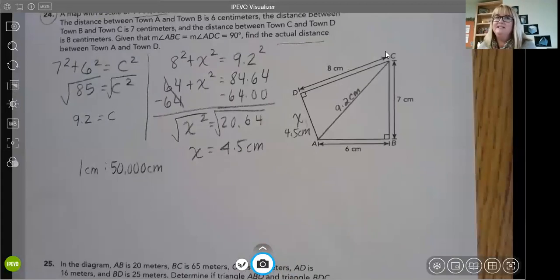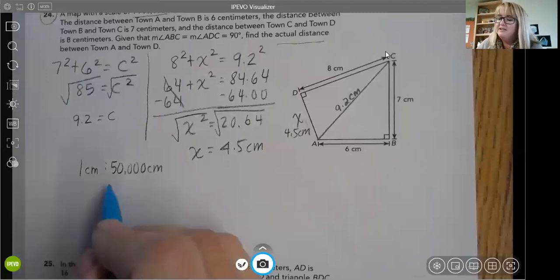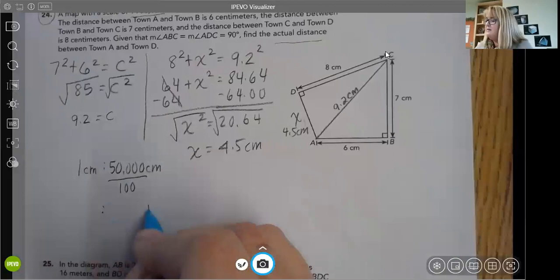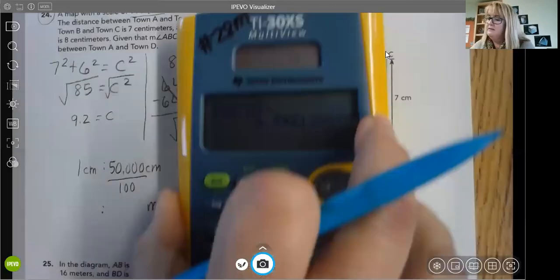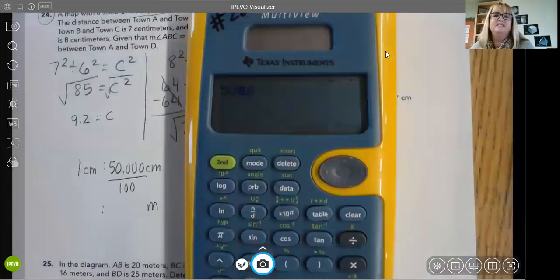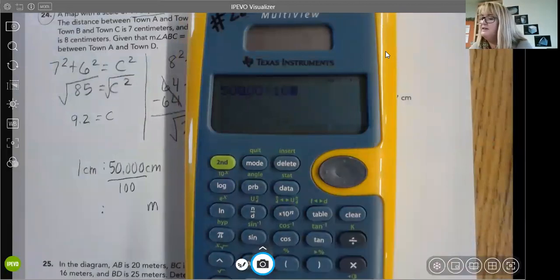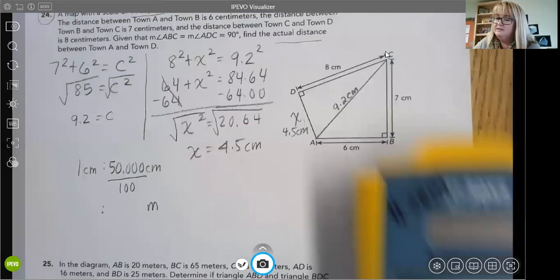Well, centi means 100, so there are 100 centimeters in a meter. So if I divide 50,000 centimeters by 100, that's going to tell me how many meters. So let's do that. 50,000 divided by 100 equals 500 meters.